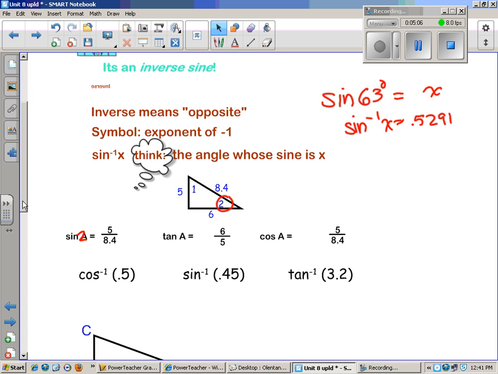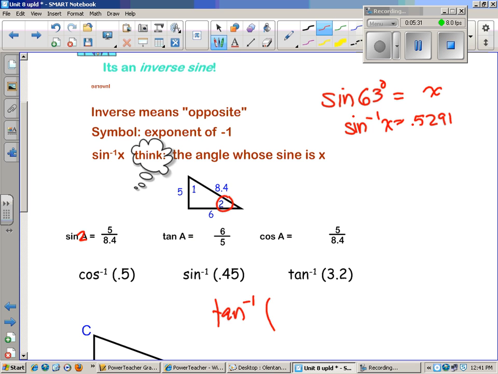Then you hit second tangent, and that'll give you the inverse tangent. So on your calculator should come up tangent, and then a little -1, and then an open paren, right? Then you hit second answer, and the answer is the bottom right button, right by the enter button.